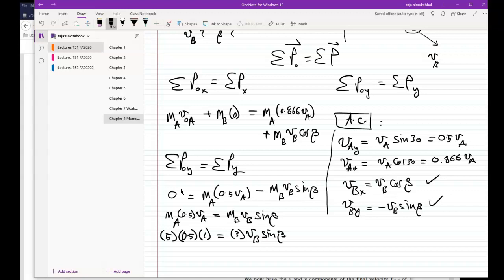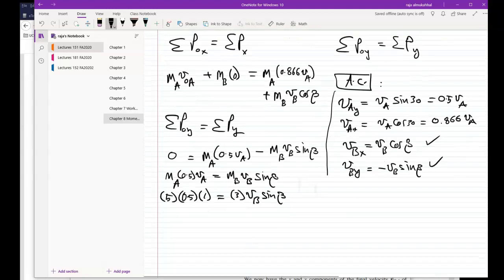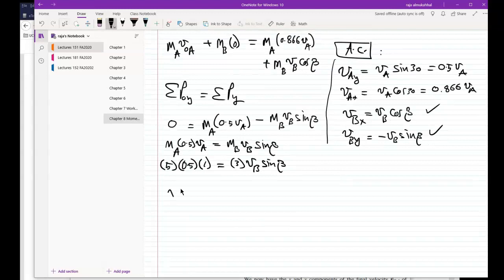So I can do it in one shot with this equation. I can say that vB sine beta is equal to 5 times 0.5 divided by 3. So 5 times 0.5 divided by 3, answer 0.83. I hope I didn't make any mistakes.